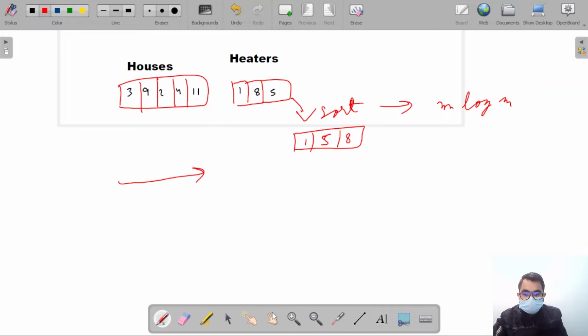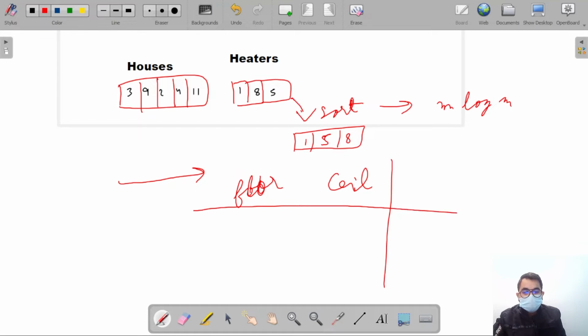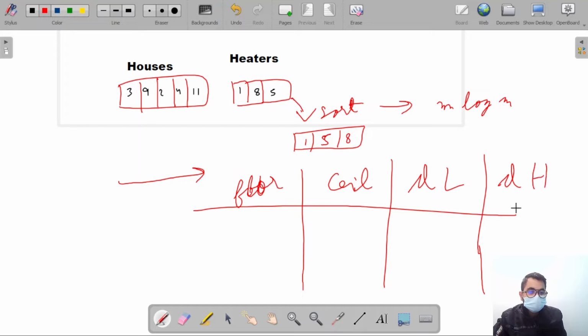So let's find it. For 3, let's write floor and ceil, and then we are going to calculate the distance from the left side and the distance from the right side.